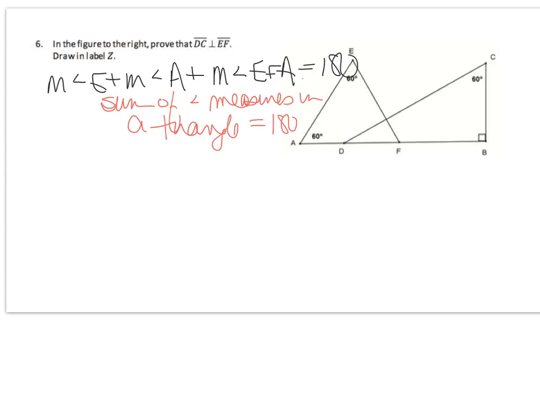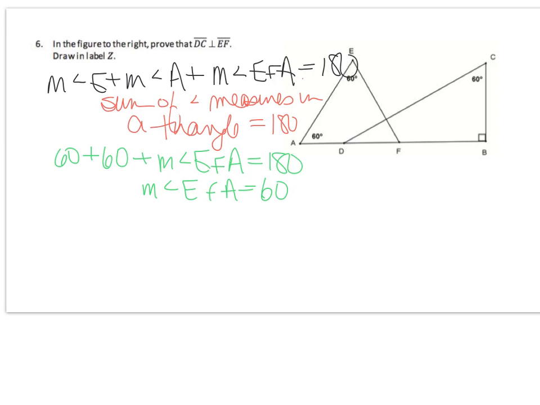So we can say that I can substitute 60 plus 60 plus the measure of angle EFA equals 180. The measure of angle EFA equals 60. But that's just math.